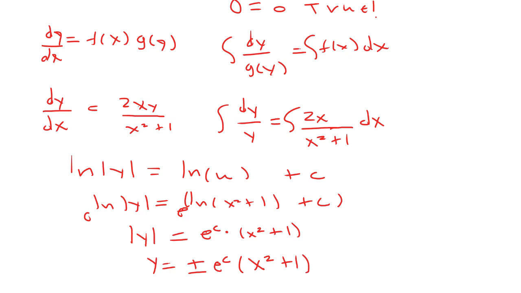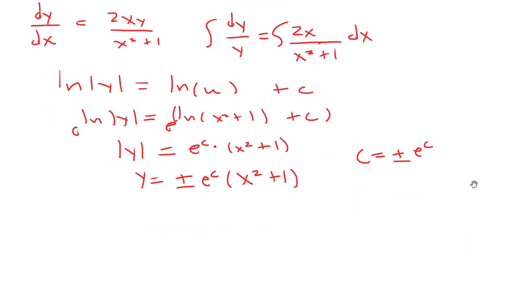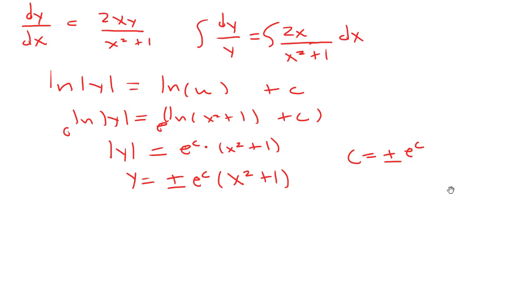The only thing, though, is that e to the c is an arbitrary constant nonetheless. You have e to the c is just another constant. Interestingly enough, this tells us that the solution to our separable differential equation is y equals the arbitrary constant multiplied by x squared plus 1, and then we have it.